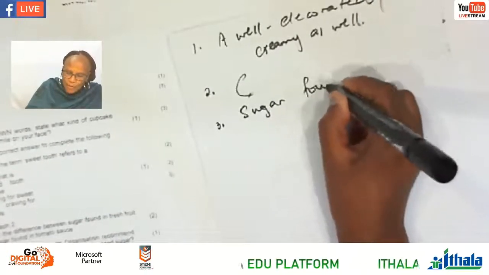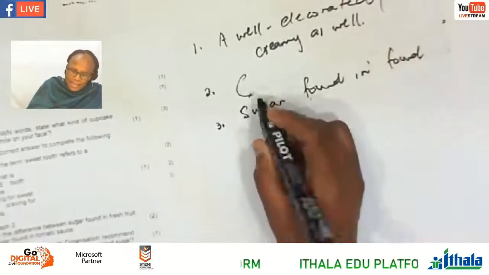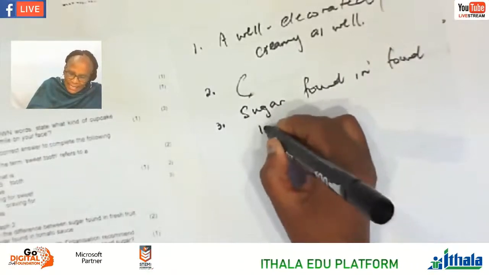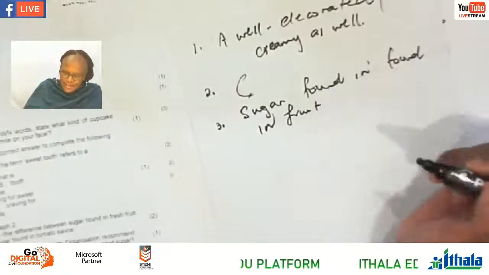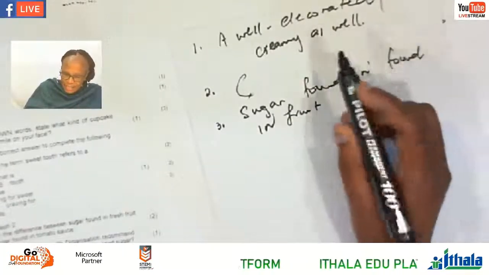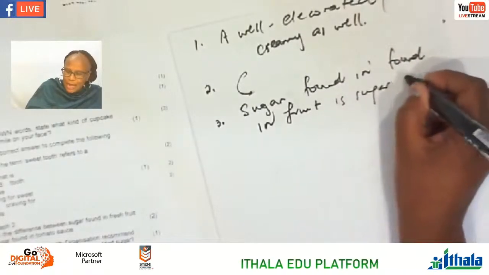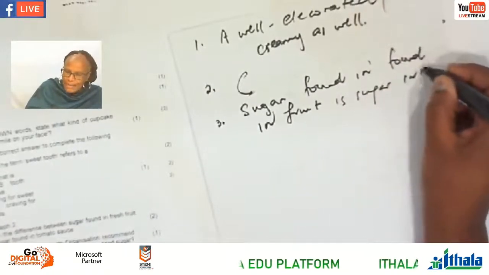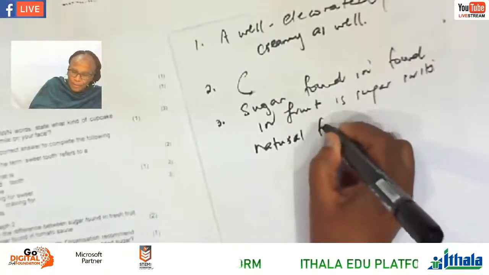Sugar found in fruits, otholakala kuma fruits, is ushukela that is in its natural form. There are no preservatives. Sugar found in fruits is sugar in its natural form.